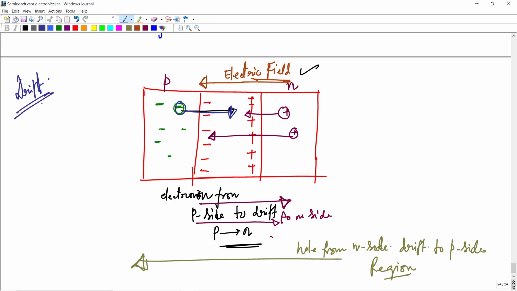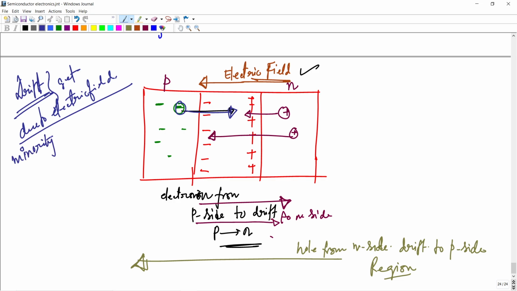We get drift due to the electric field, and the minority carriers are moving.